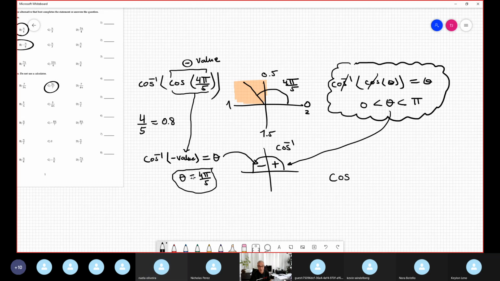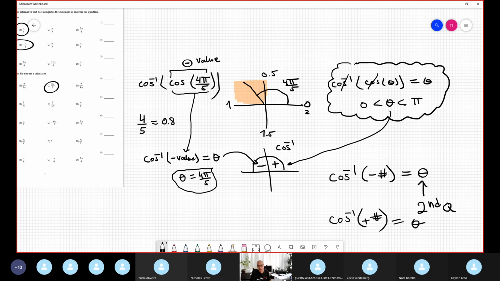I know that the cosine inverse of a negative number gives me one theta angle that lies in the second quadrant. If this is a positive number, then this theta lies in the first quadrant.